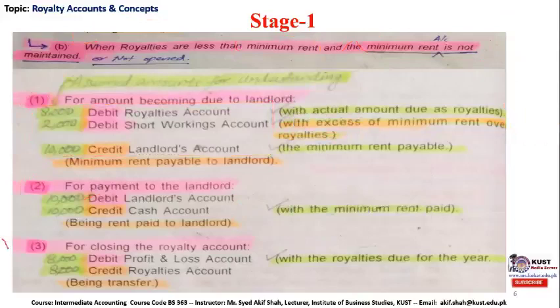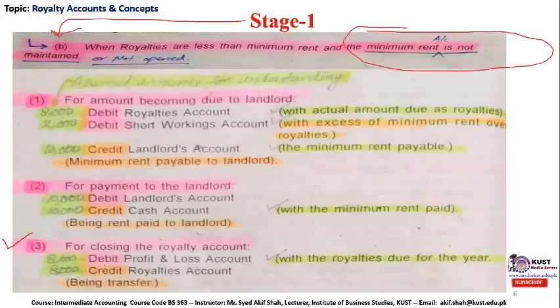Let's come towards the final third entry under stage 1 in condition B, when the minimum rent account is not maintained. For closing the royalty account, we have to charge the royalty fee account against the profit and loss account. We debit the profit and loss account, since it generally has a credit balance.